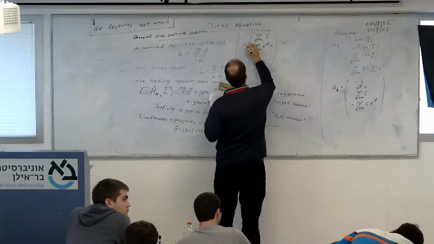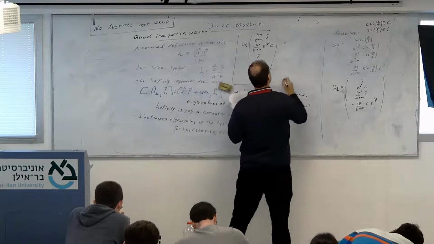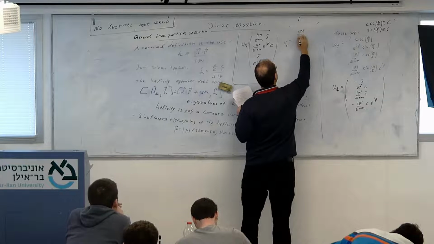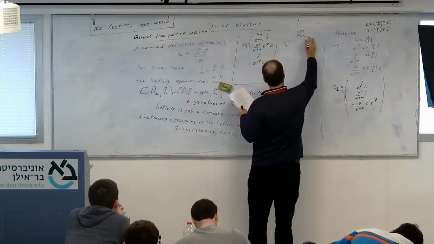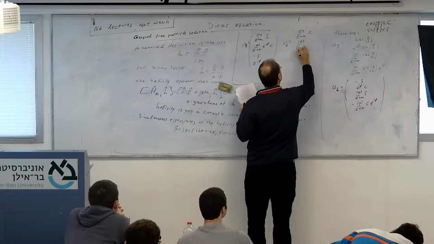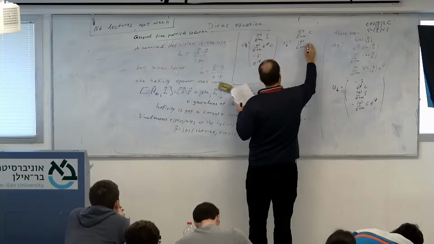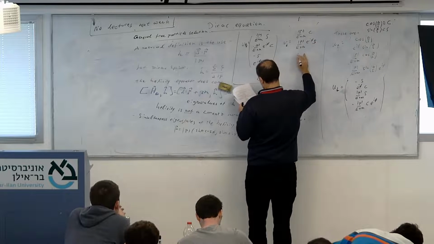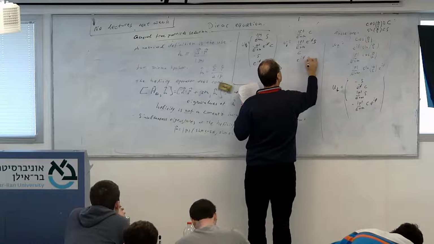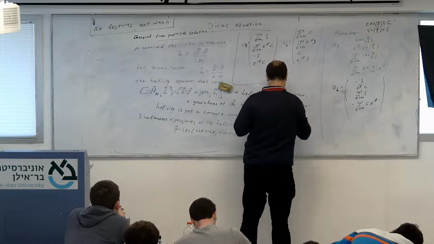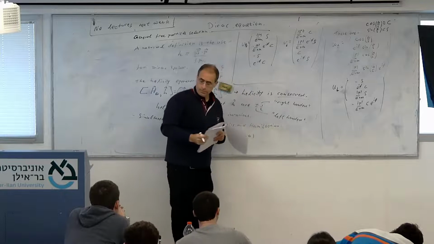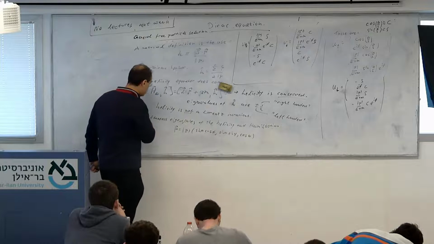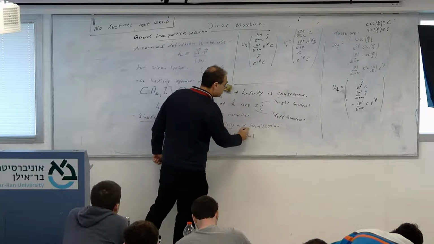And v down is p over E plus m c, e to the i phi s, c, e to the i phi s. And these are the simultaneous eigenstates of both the helicity and the Hamiltonian.